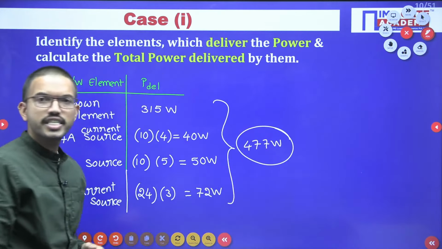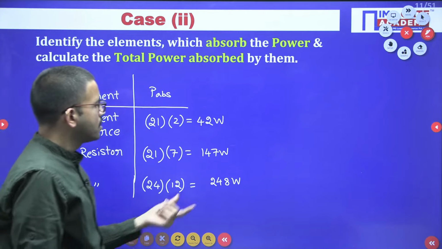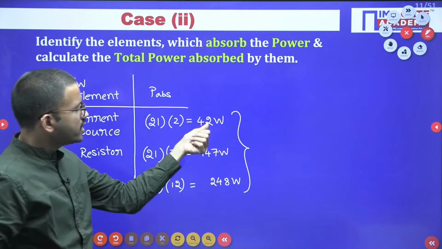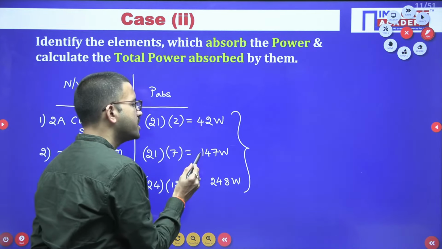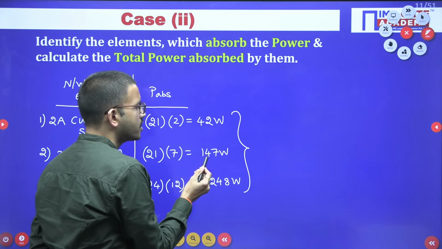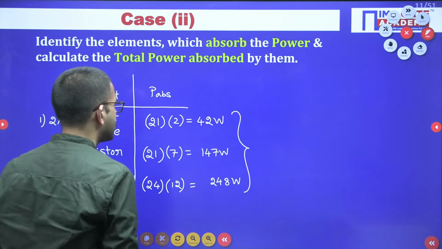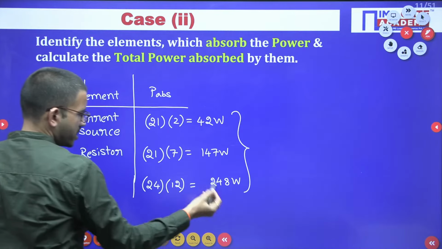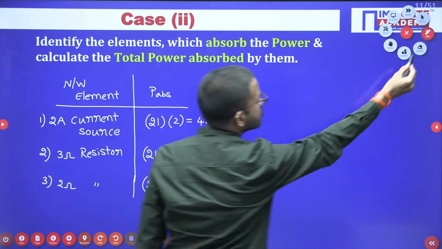This is the total delivered power, right? Similarly here, 248 plus 42, 250 plus 40, 290 you are getting. Sorry, here I have done some calculation mistake, just one second.